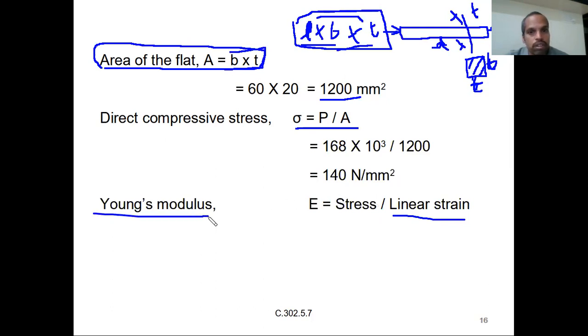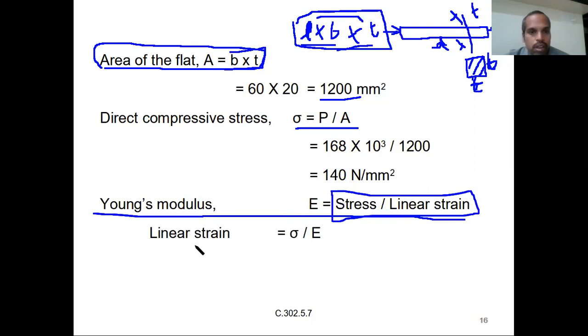For Young's modulus, by basic definition itself, we have to take the linear or longitudinal strain, not the lateral strain. So linear strain is equal to sigma by E. Sigma we have already calculated here.